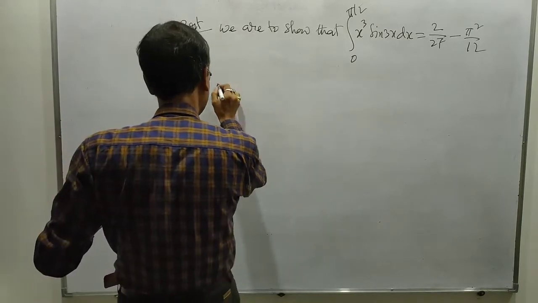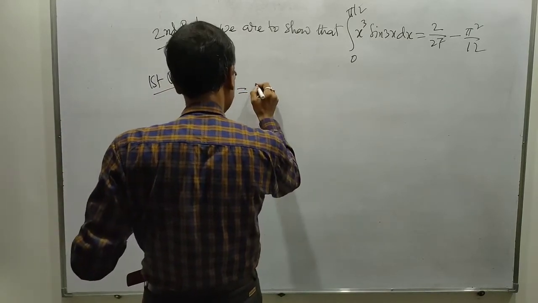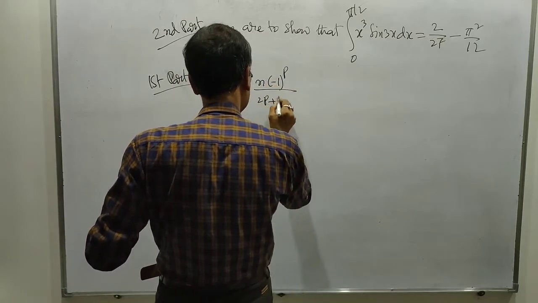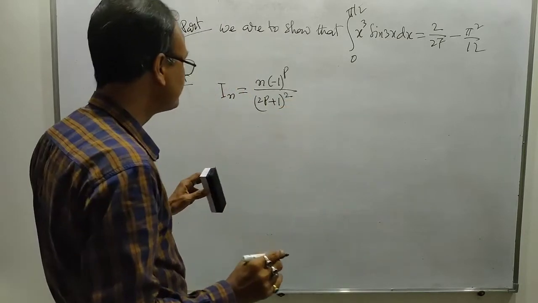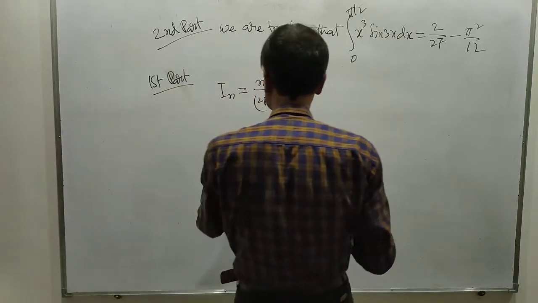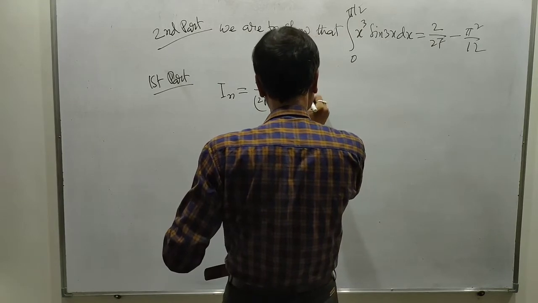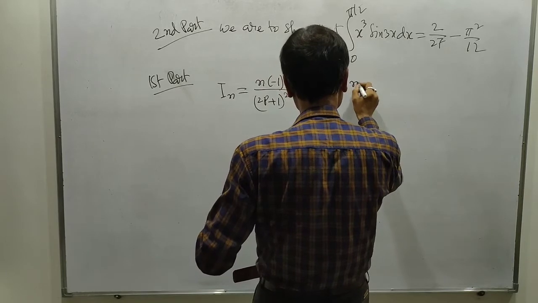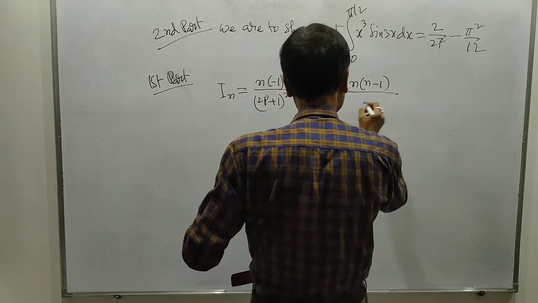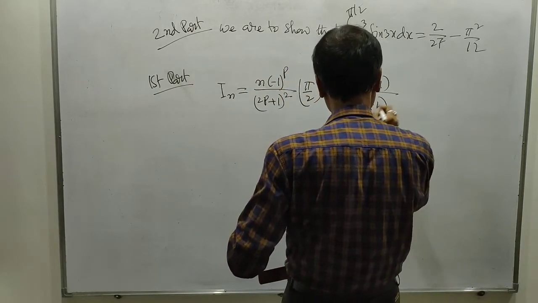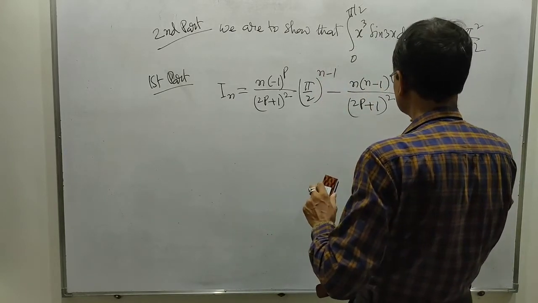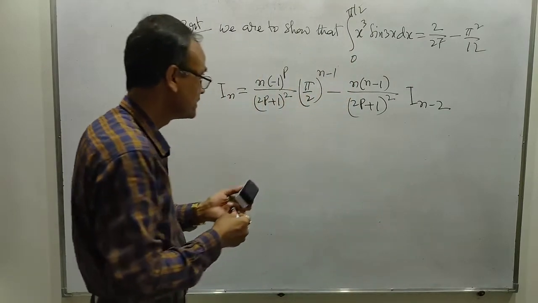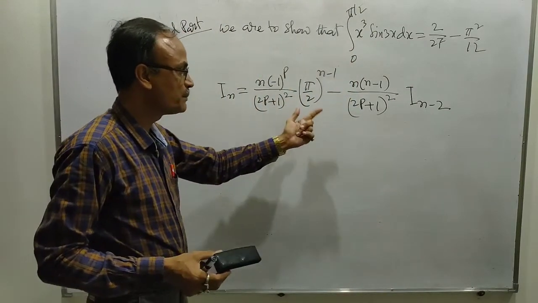I_n equals n into (minus 1) to the power p divided by (2p plus 1) whole square, into (pi by 2) to the power n minus 1, minus n into (n minus 1) divided by (2p plus 1) whole square, into I_(n minus 2). We have proved this one.